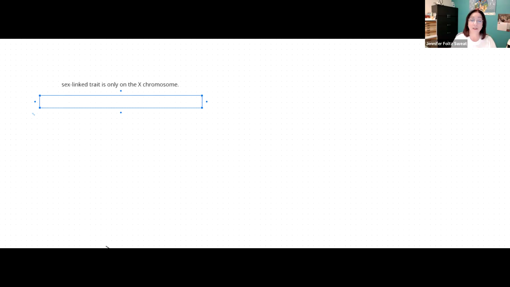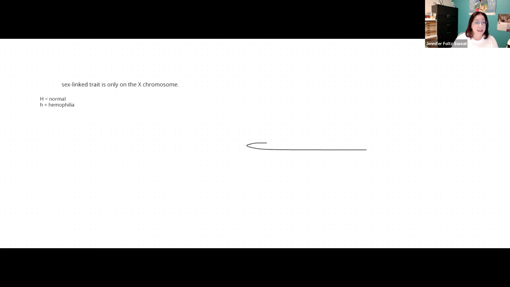Your blood doesn't clot. Now, when we have a sex-linked trait, we write the allele as a superscript, meaning in the upper corner. And so I wanted you to use superscript on your homework. If you didn't, that's okay.